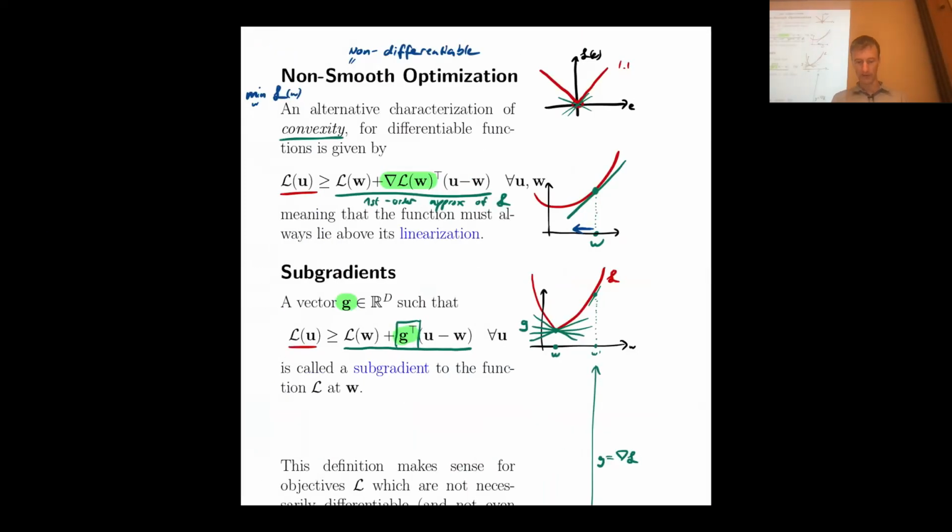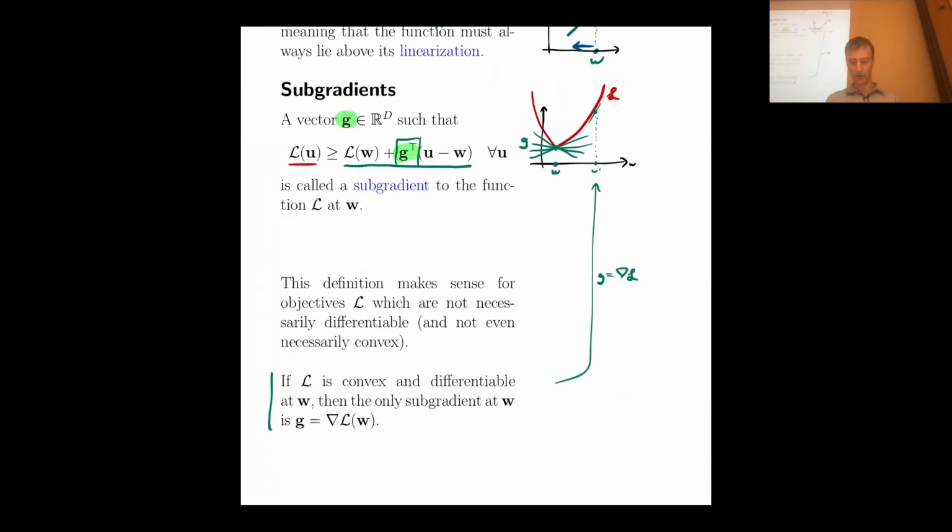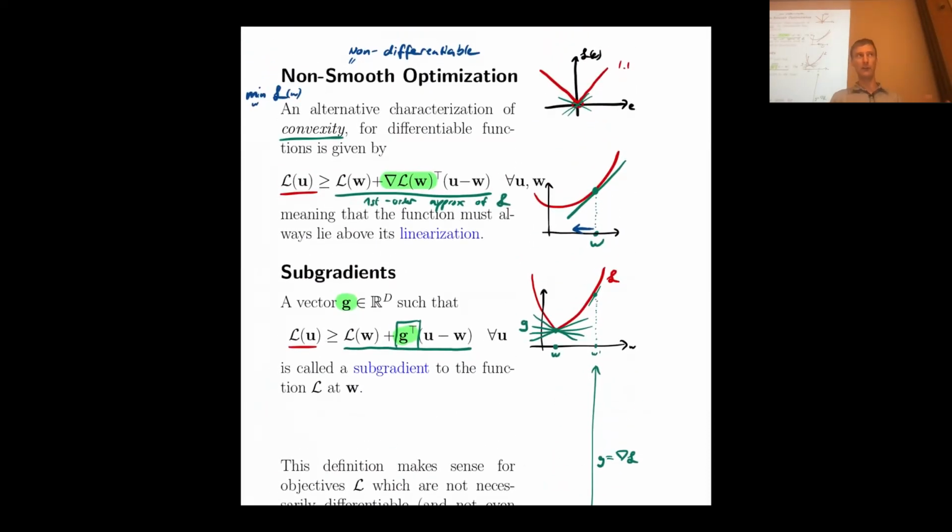Also, what else about this? It's interesting to ask, when do these things exist? They don't always exist. If you're differentiable, you always have a gradient, right? So that's a very clear story. If the gradient exists, then we can use it.